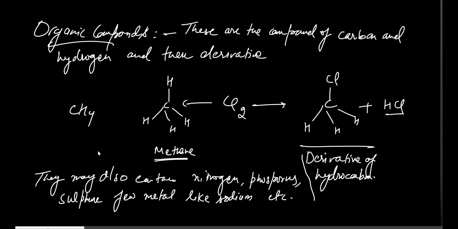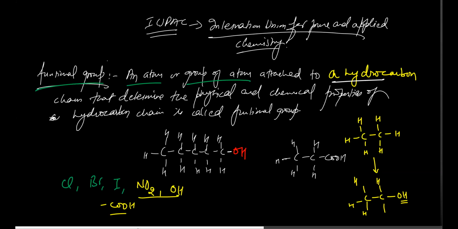Done, sir. Okay. Now the next topic: what is a functional group? Functional groups can be an atom or a group of atoms. For example, suppose this is a hydrocarbon chain. Every carbon atom makes four bonds, the maximum bonds a single carbon atom can make is 4.